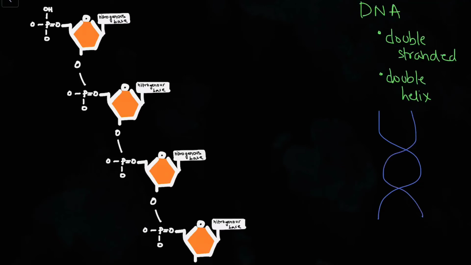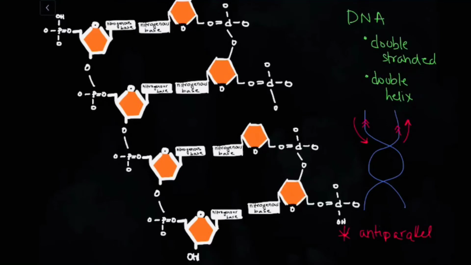So the two strands that make up a DNA molecule run anti-parallel to each other. What this means is that the two strands are parallel to each other, but they run in opposite directions. So a molecule of DNA doesn't look like the molecule on the left here, it looks like this.